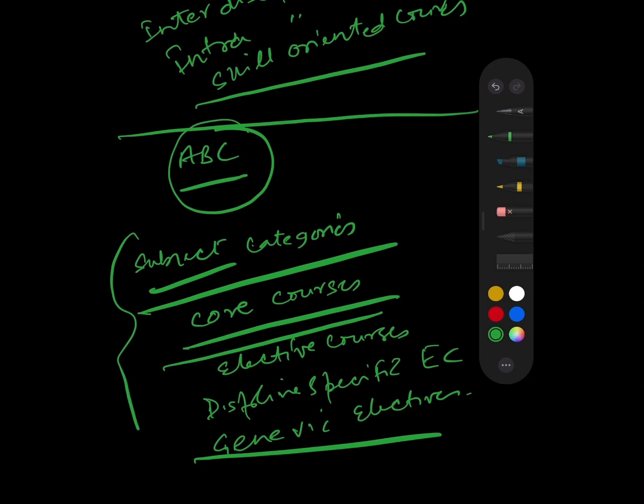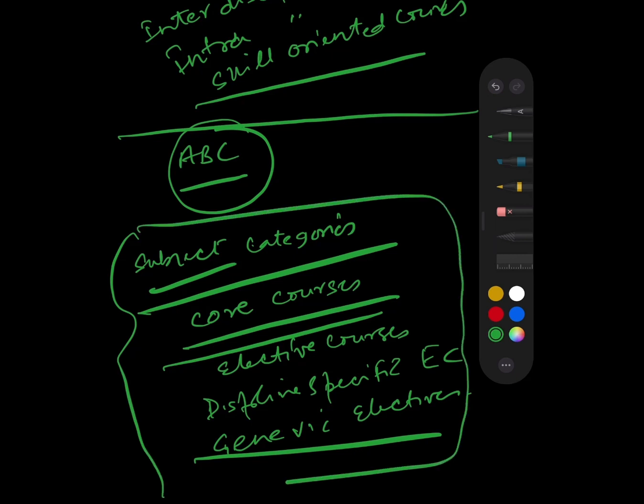What is the purpose of all such courses? What we studied was only the subject-based or core courses, and our focus was not on skill-oriented courses. Here you are choosing the core courses.